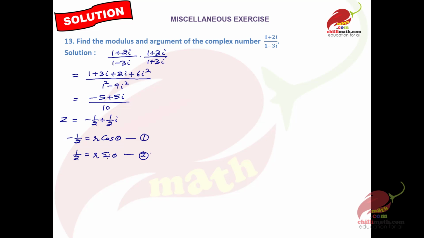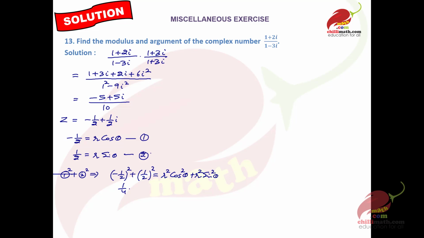To find modulus we operate sum of squares of these equations. We get minus half square plus half square equal to r square cos square theta plus r square sin square theta.